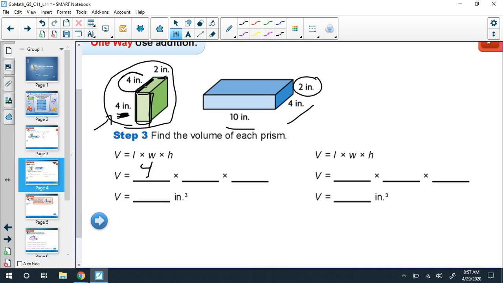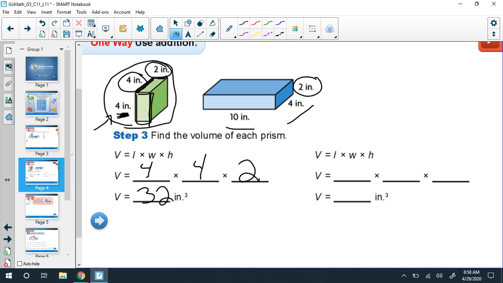That's our width, and it is also 4. And that's our height, and it is 2. So we find the volume of this little green piece by multiplying 4 times 4, which is 16, and then 16 times 2 gives me 32 cubic inches.